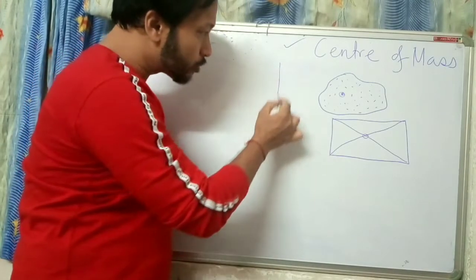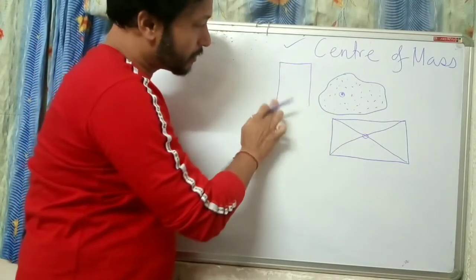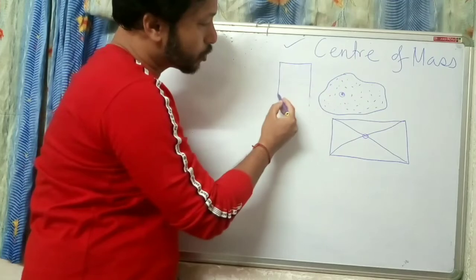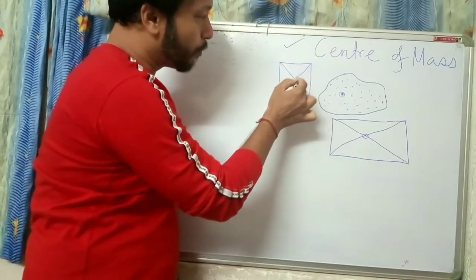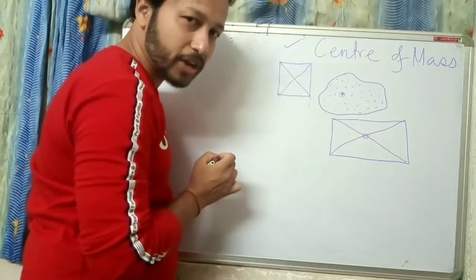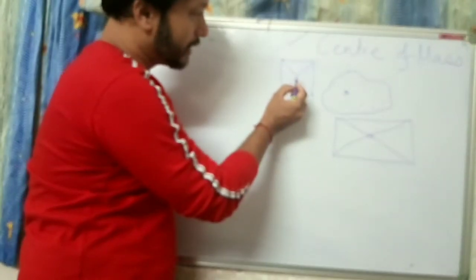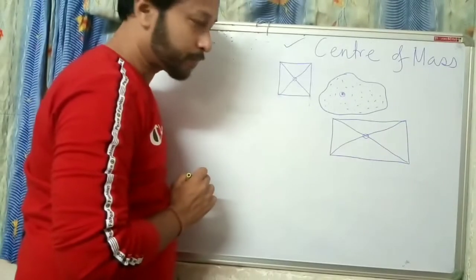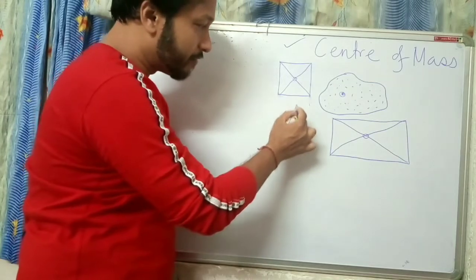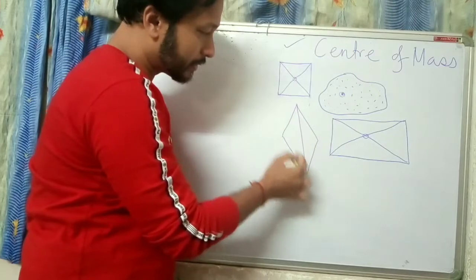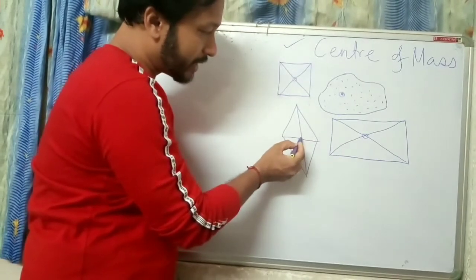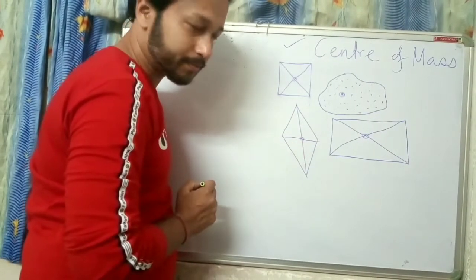If you are taking a square, then again the point of intersection of the diagonals is the center of mass. If I take a rhombus, same, where the diagonals are intersecting.